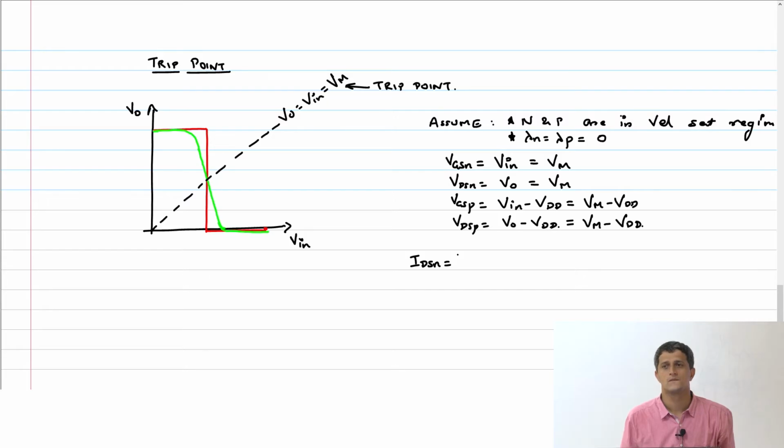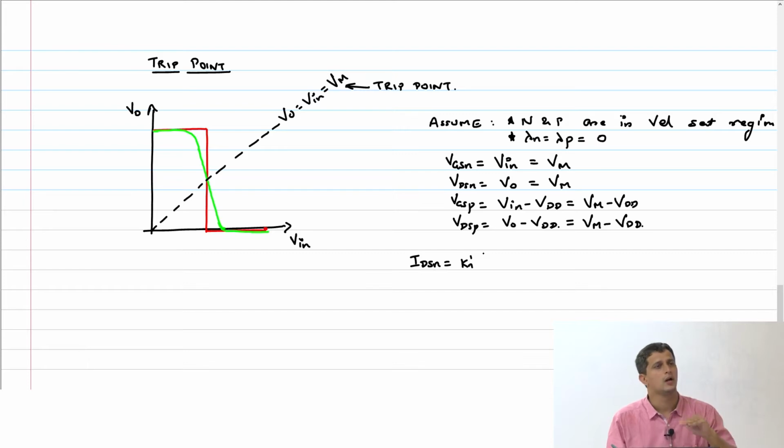Kn prime Wn. Okay, now at this point I am introducing the widths of the NMOS and PMOS transistor. We have not really worried about it till now. The length of both NMOS and PMOS will be the same, L. Okay, but the width can be quite different.